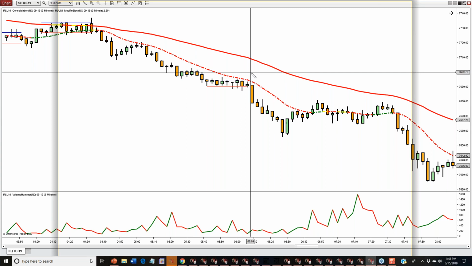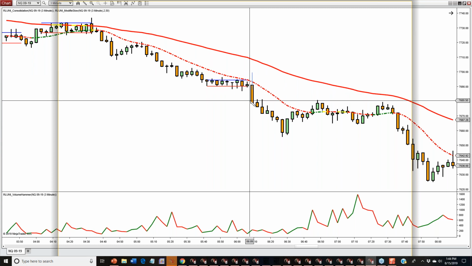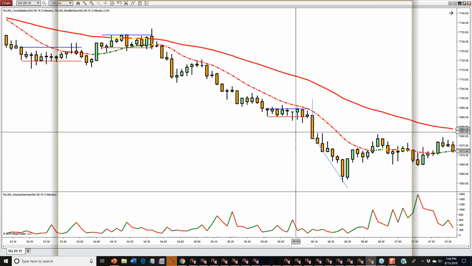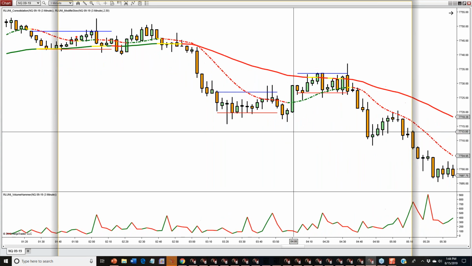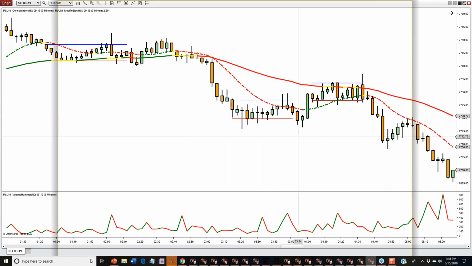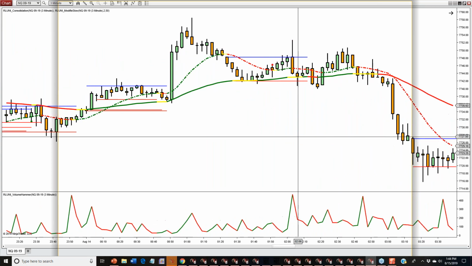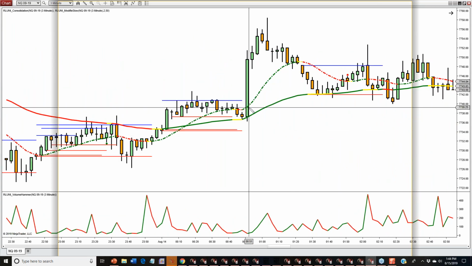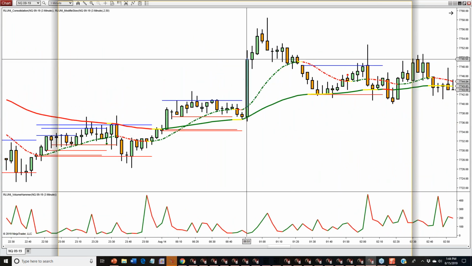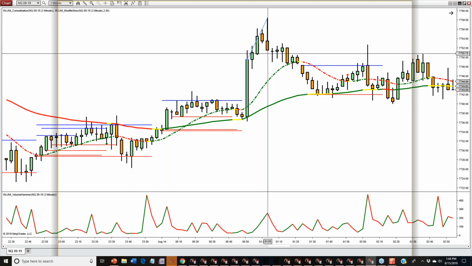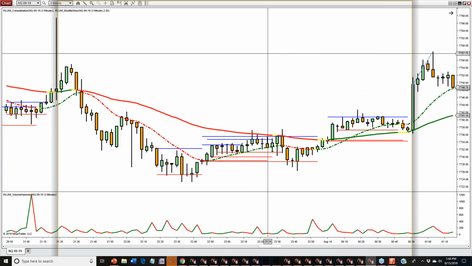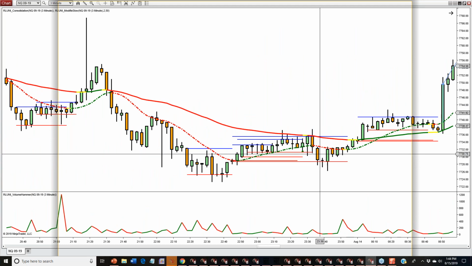There's your trade to the downside. And this is one that just does not go anywhere. Look at that break to the upside out of consolidation. Here, there's no break.